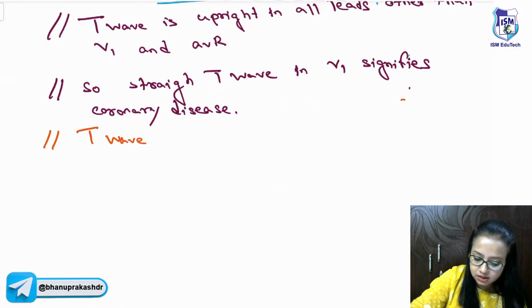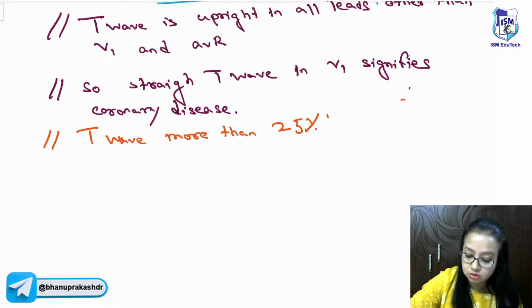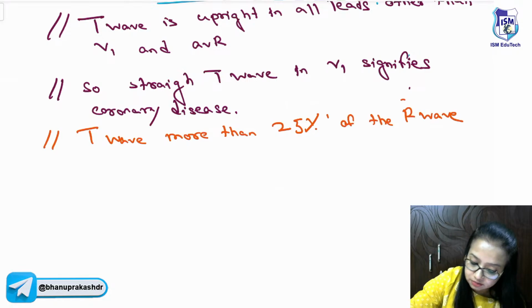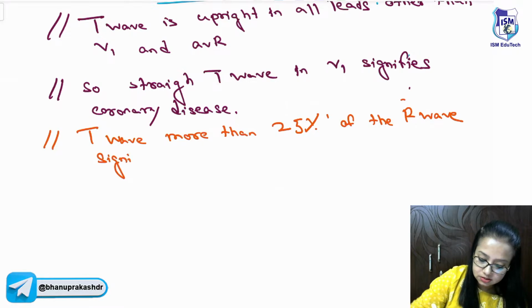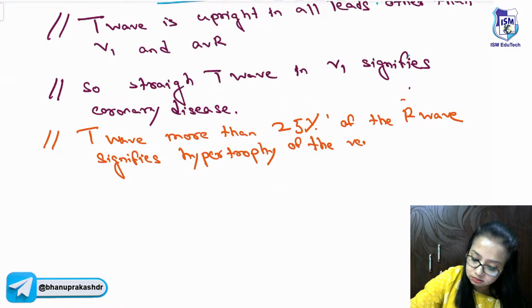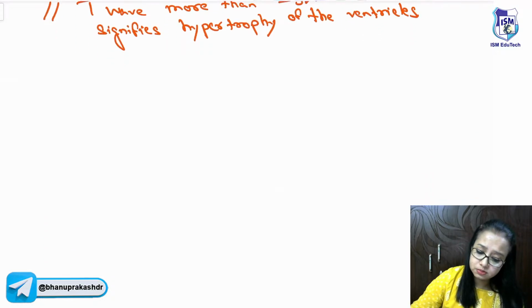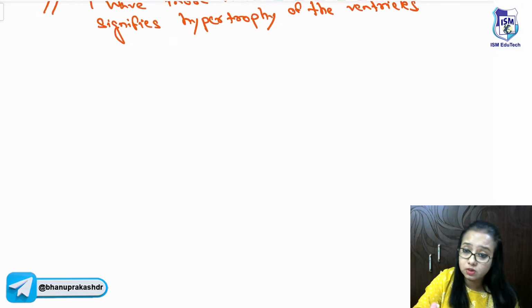A T wave more than 25% in amplitude of the R wave signifies hypertrophy of the ventricles. Okay. Now, this T wave is affected in hypokalemia, in myocardial infarction, in ischemia.